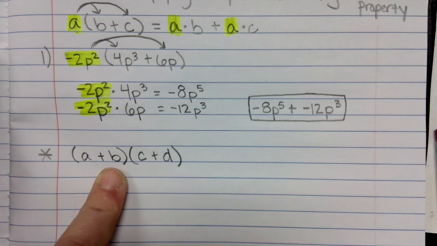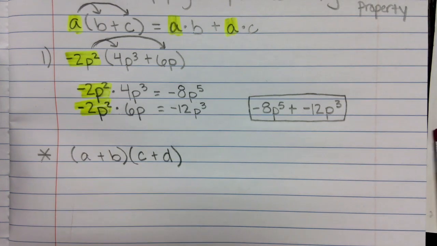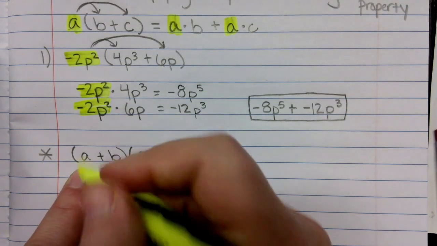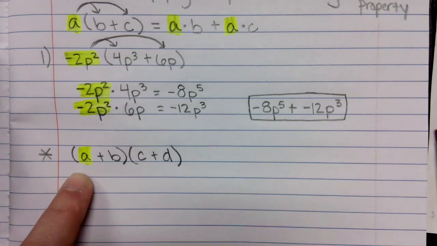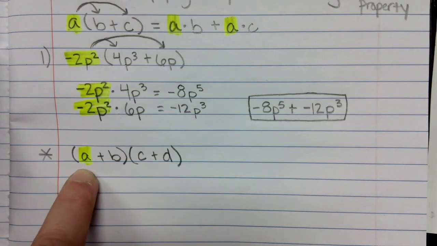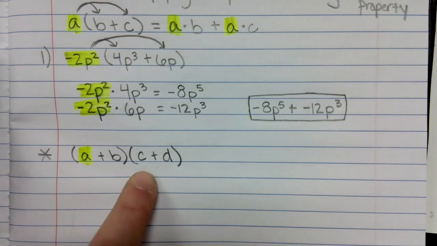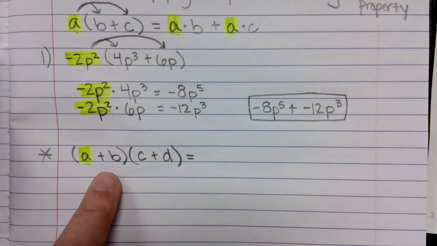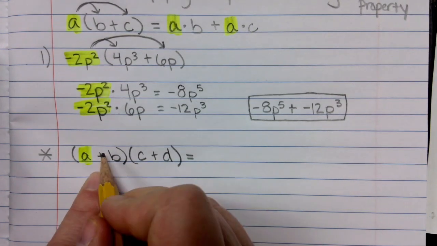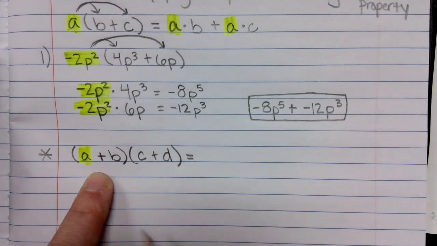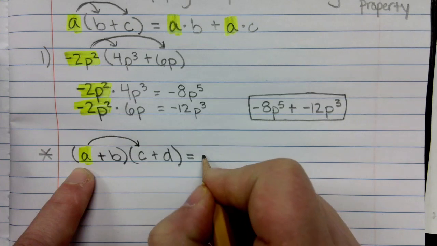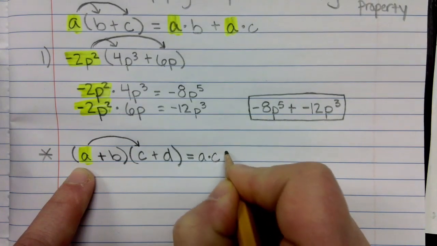So I'm going to still start with that a. And what do I want to multiply that a by? Do I want to do a times b or a times c? Why don't I want to do a times b? It says we're adding them, so we don't want to just all of a sudden multiply them. So we're going to do a times c. But I don't want to just multiply c.